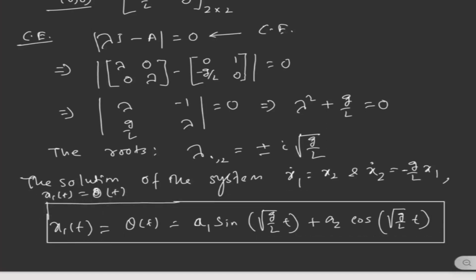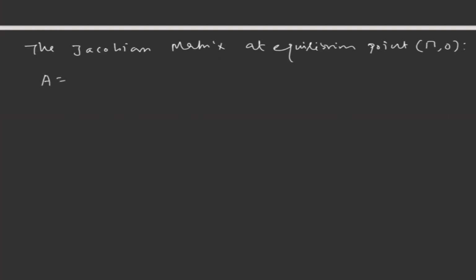If you look at the second case, we have the equilibrium point (pi, 0), and the Jacobian matrix at this equilibrium point is [0, 1; g by L, 0].